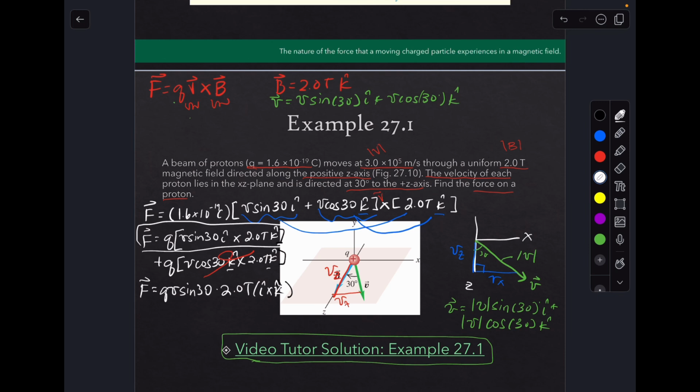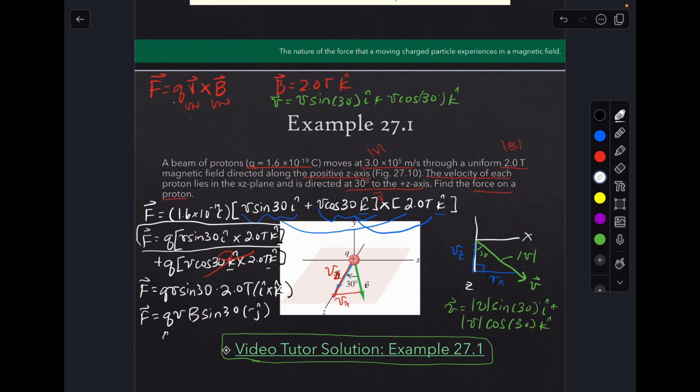Well, I cross K is negative J. I can show you the trick for that too. If I just write B, we can see it's QVB sine 30 in the negative J hat direction.